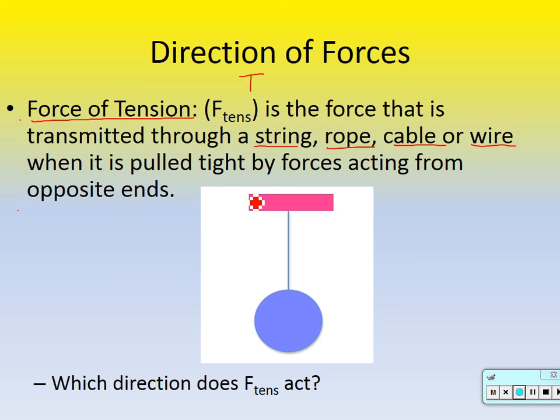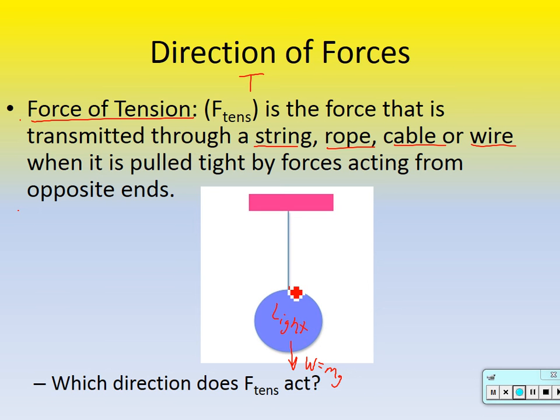Here's an example. Say this is the ceiling and this is a light. This is a light that's being hung from your ceiling in the kitchen. Okay? The light has weight. Doesn't it have weight? Yeah. mg, we could figure out what that weight was. But it's not moving down. Why is it not moving down, the light?